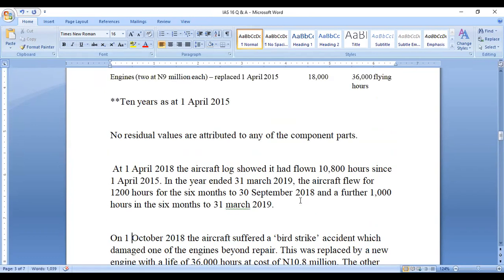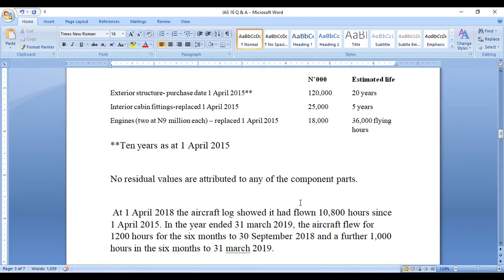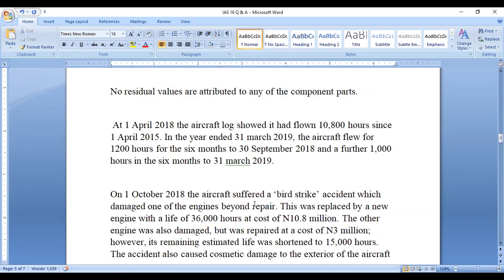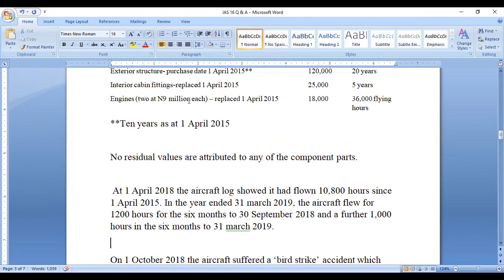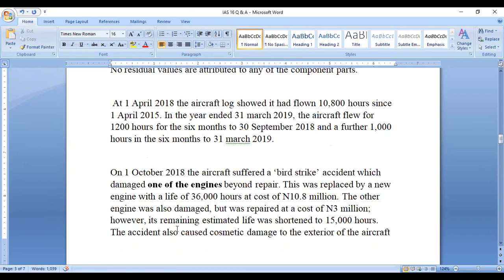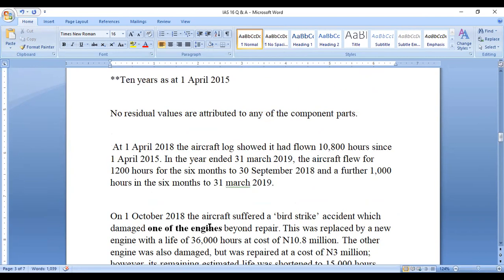The cost of the engine should be 9 million. Okay, so 9 million, right? Yes, it's true, 9, because we thought the engines were 9 million each. So for how many hours?